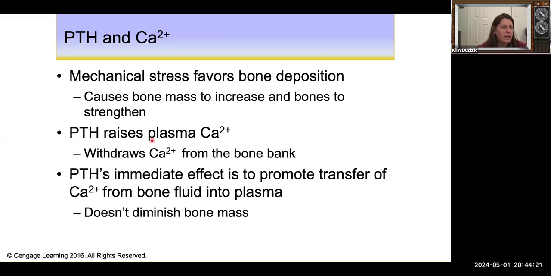What that does is withdraw calcium stored within the fluid portion of the bone, what we call the bone bank, and transfer it into the plasma. So it's not breaking down the mineralized bone, it's only transferring calcium into the plasma.